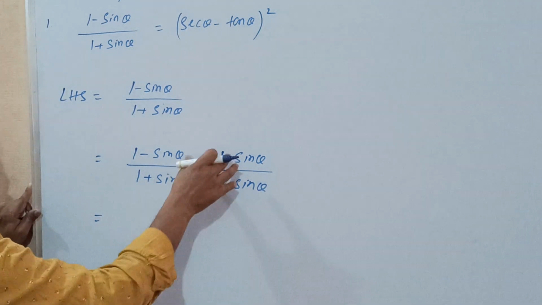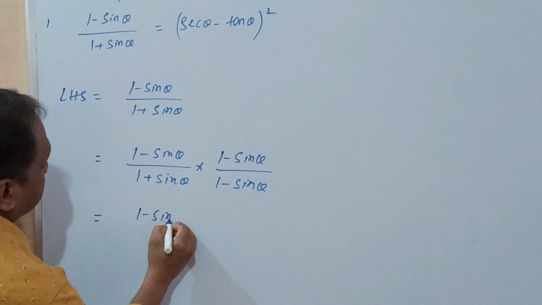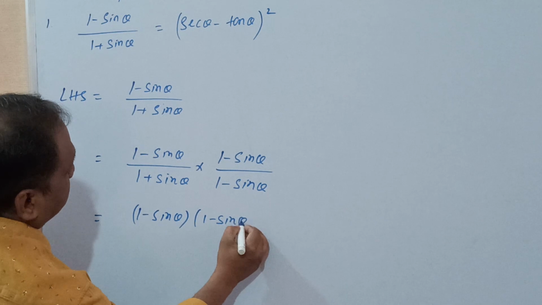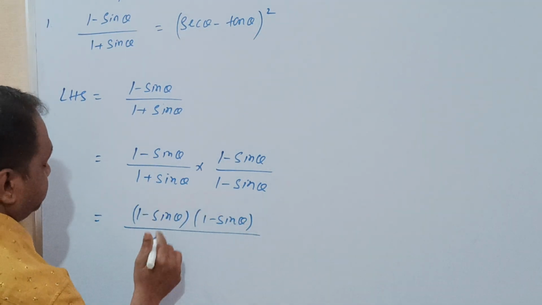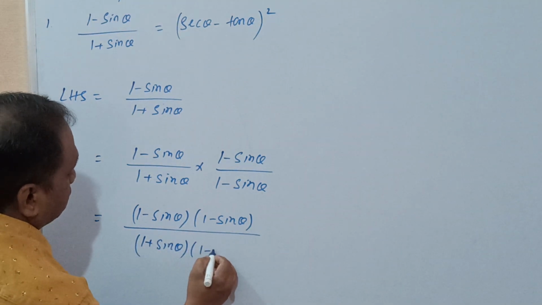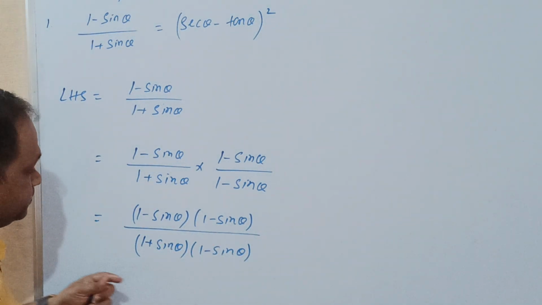So in the numerator we will write (1 minus sin theta) by (1 minus sin theta), whole divided by (1 plus sin theta)(1 minus sin theta).